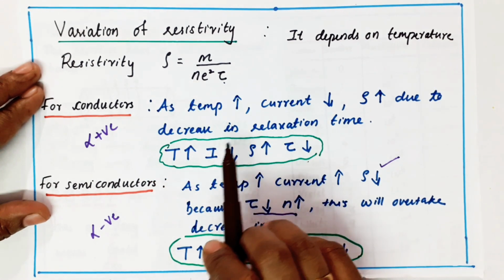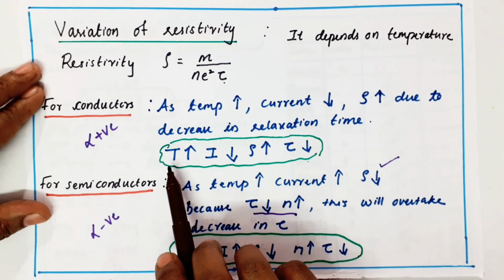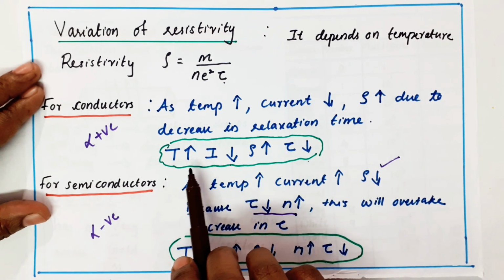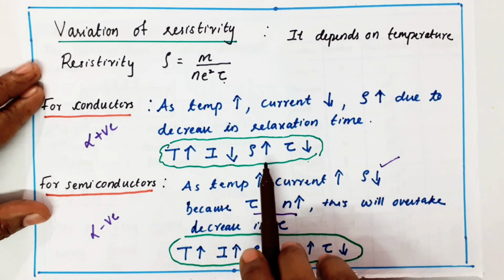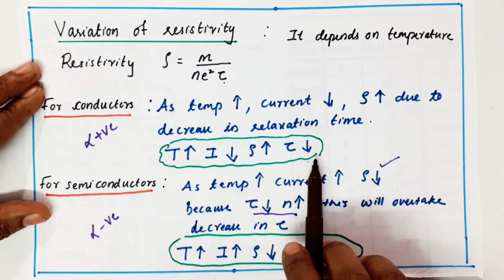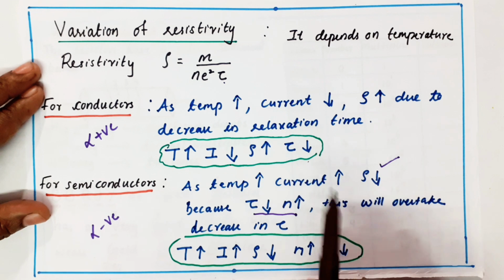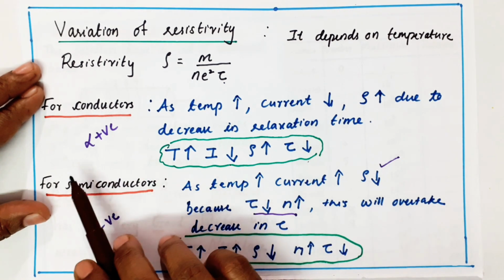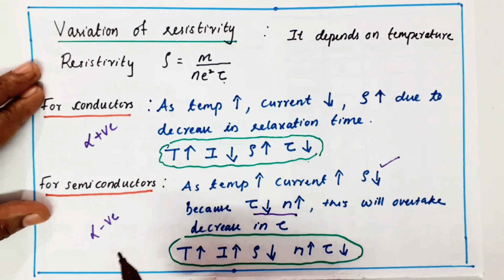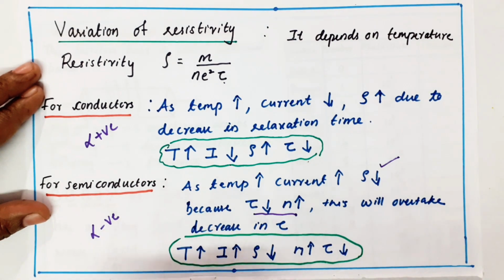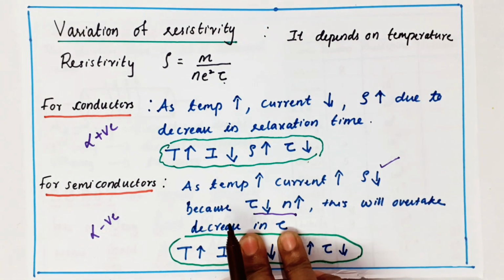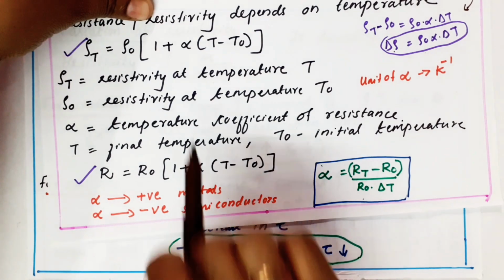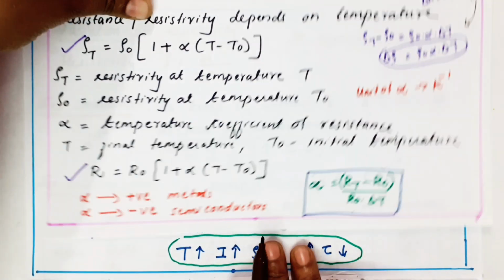As rho increases, current decreases. So in short, as temperature increases, current decreases because resistivity increases and tau decreases. Clear? So remember two things. That is the reason in the previous slide I wrote alpha is positive, because I should get more resistivity as the temperature increases. For that, for this equation, I need alpha as a positive term.